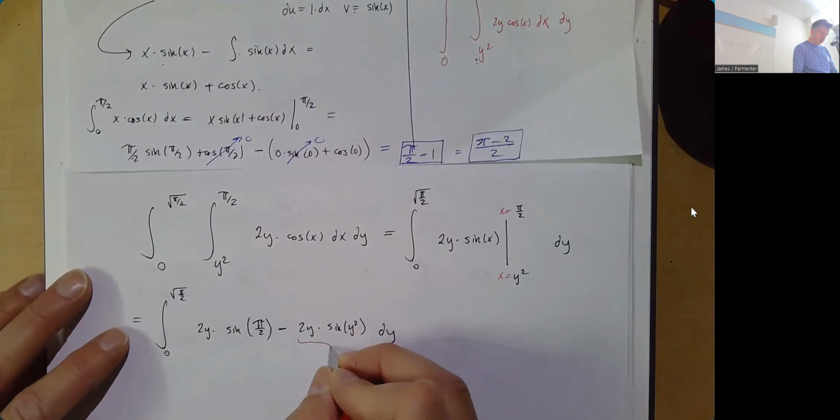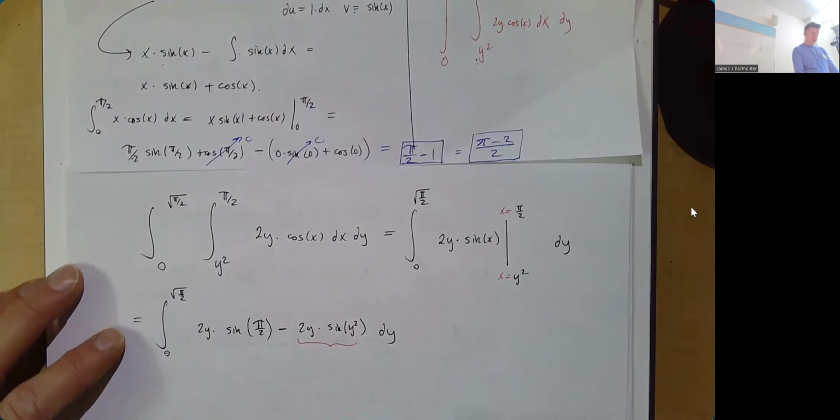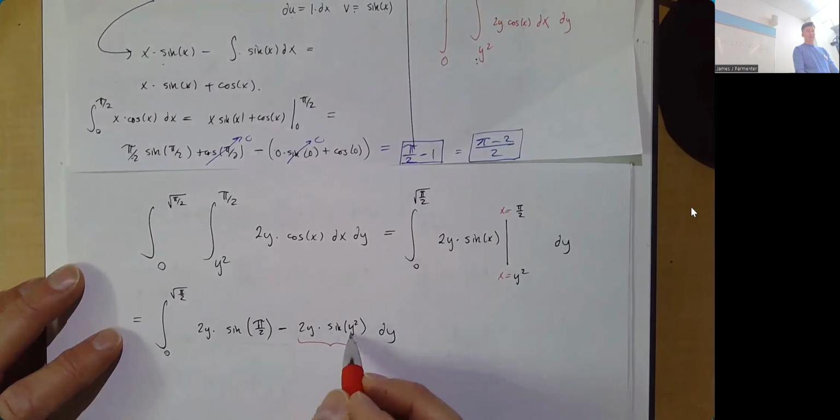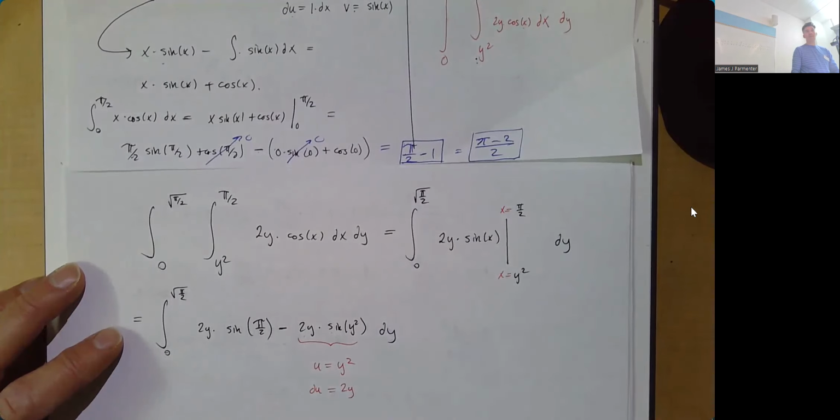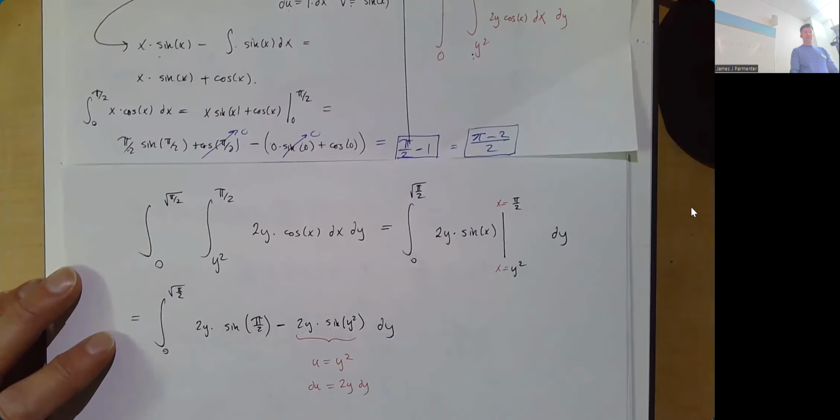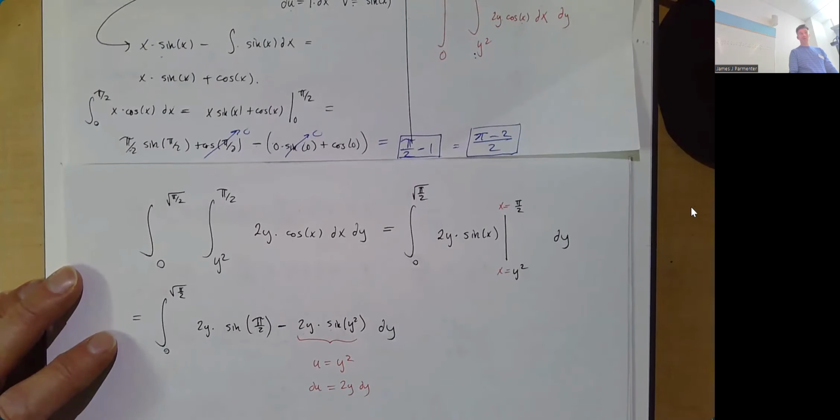Let's just talk about what this u sub is going to be. So that's definitely going to be a u sub: 2y times sine of y squared. You're going to let u equal y squared, and du is going to be exactly 2y dy. So really integrating this is like integrating sine of u. And what's the antiderivative of sine of u?